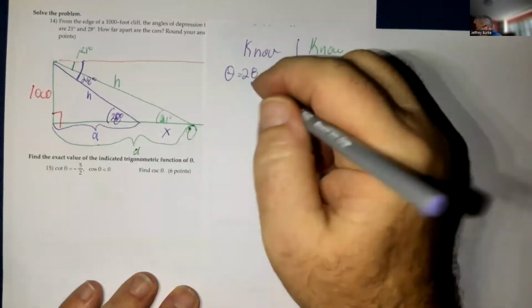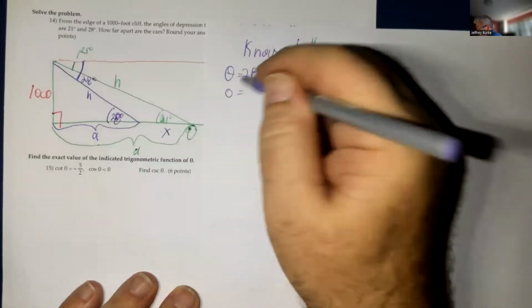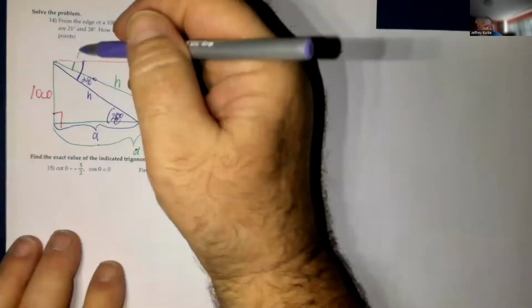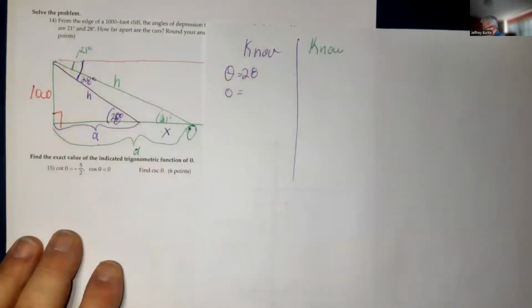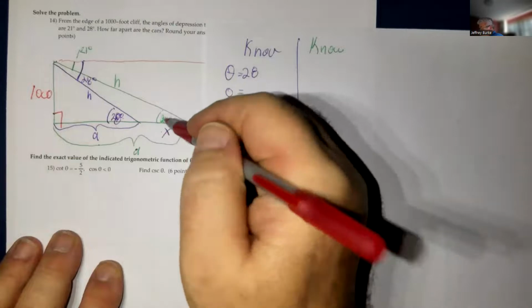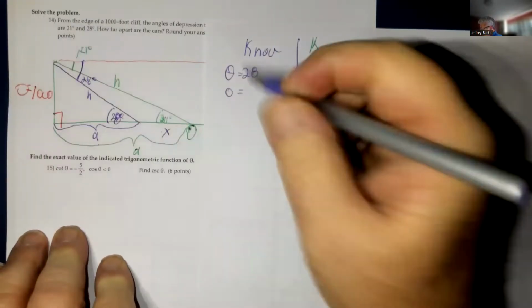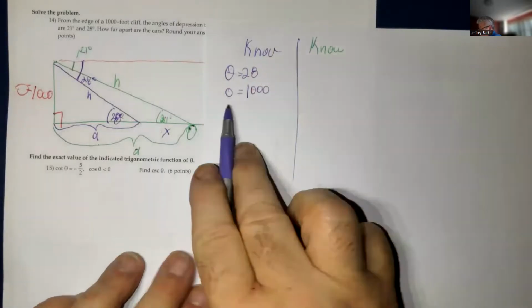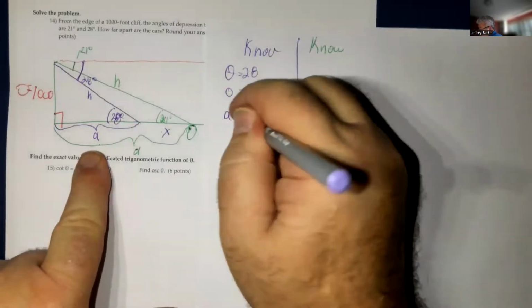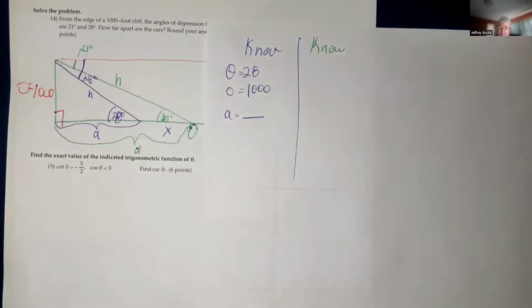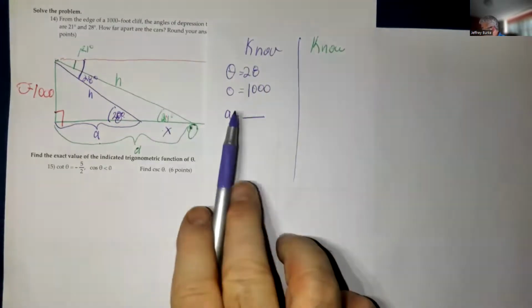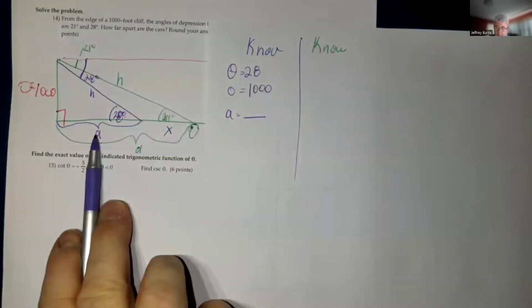For all of these, this is the opposite side. That's one thing I didn't acknowledge. So here's the reference angle, and this is the opposite side. The opposite side is going to be equal to 1,000. What I don't know is the adjacent, and this is what I'm interested in knowing. By adjacent, we're talking about the adjacent here in purple.